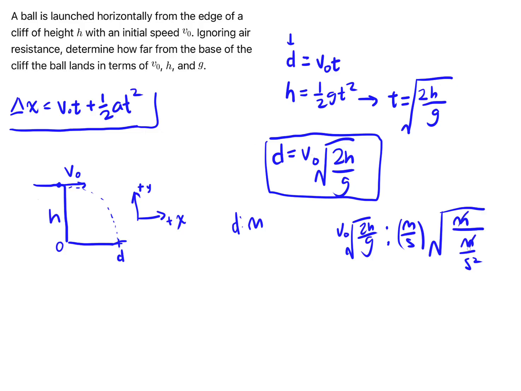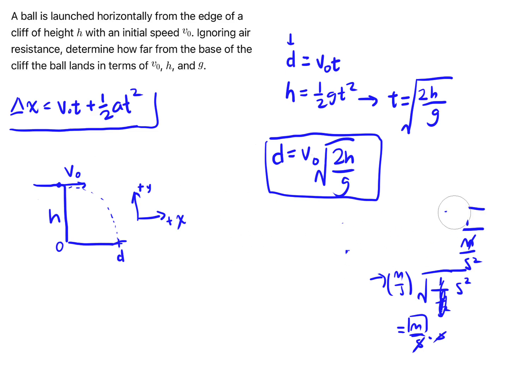So notice that the meters cancel out, and this becomes meters per second times the square root of 1 over 1 over second squared. So this just becomes the square root of second squared, and this becomes meters per second times second, which is just meters. And this does check out with d. So our dimensions are correct, and that gives us more confidence in this answer.